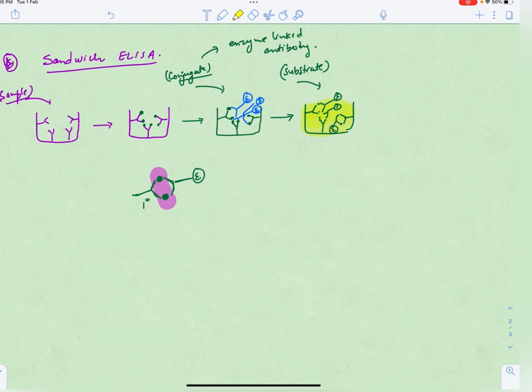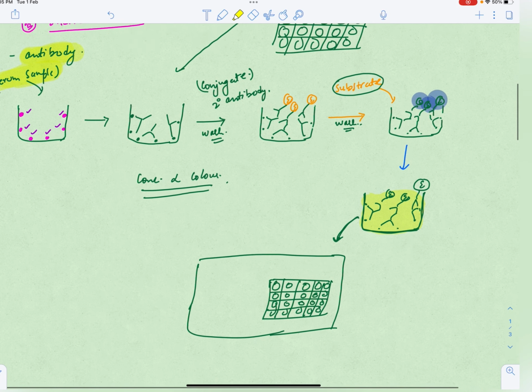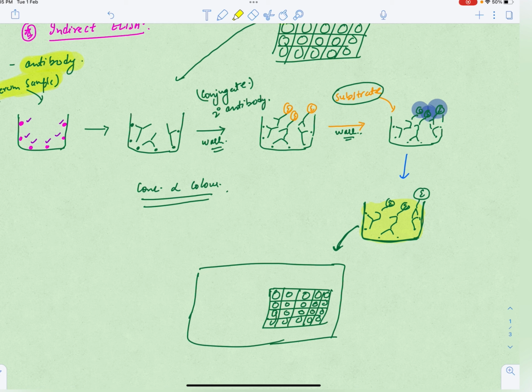After the color is formed, just like in indirect ELISA, you put the ELISA plate in the spectrophotometric machine, and the reading is taken depending upon the amount of color produced. So in sandwich ELISA also, the concentration is directly proportional to the color. If the concentration is more, then the color would be more.